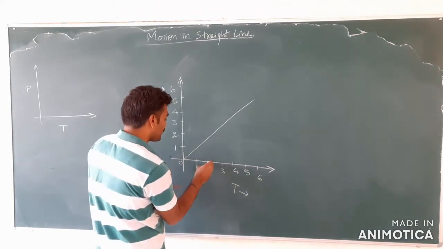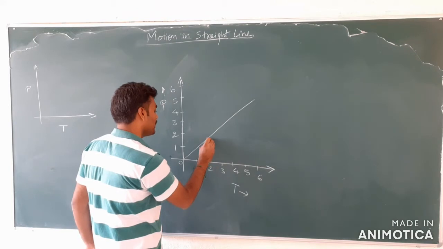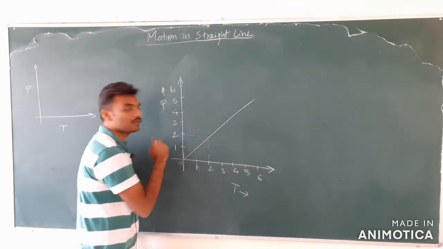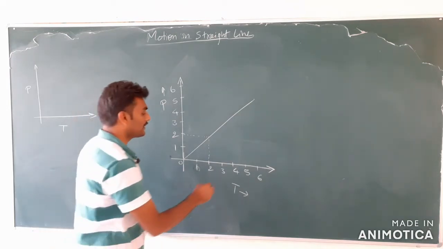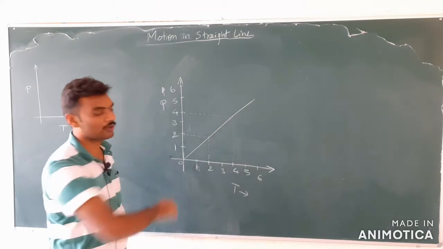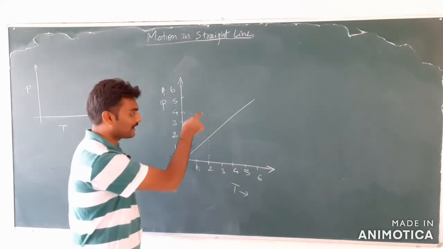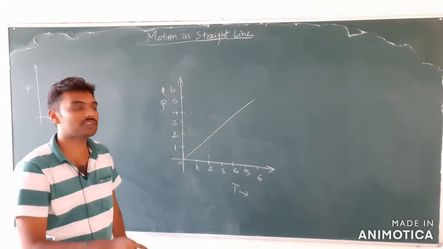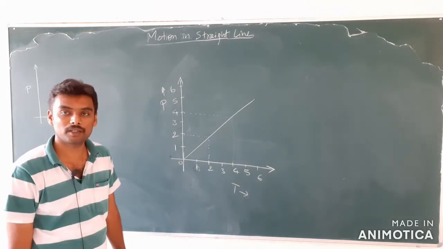Exactly after 2 seconds, where was the body? Just by looking at the graph, I can say exactly after 2 seconds, the body was at 2 meters. And exactly after 4 seconds, the body was at 4 meters. So from this graph, we can get the instantaneous position of the body.